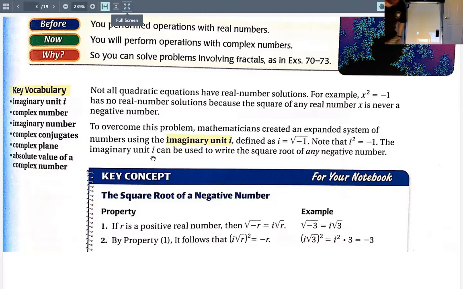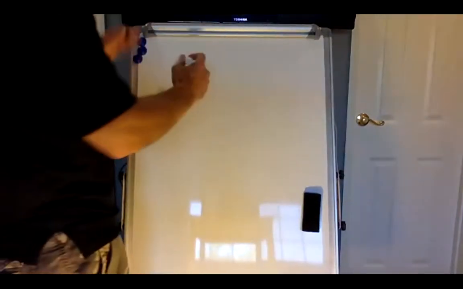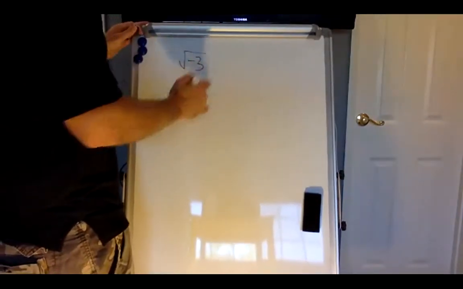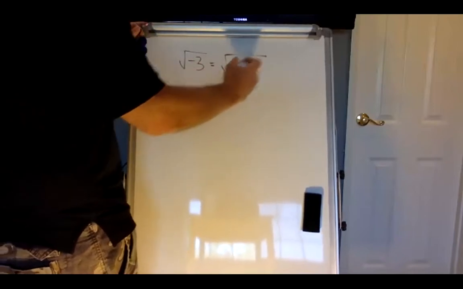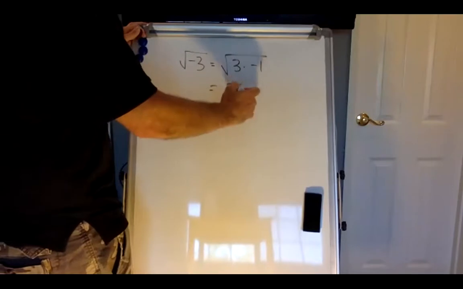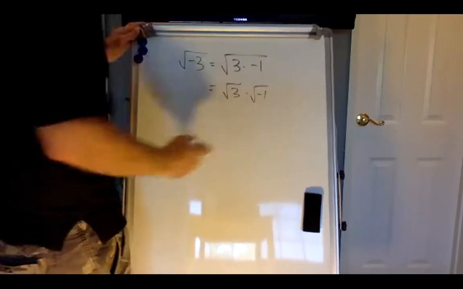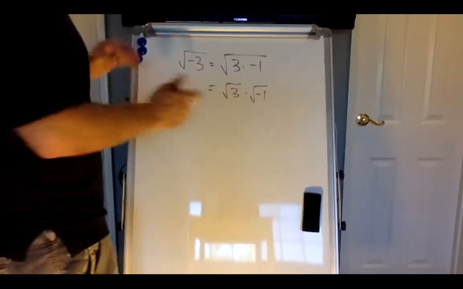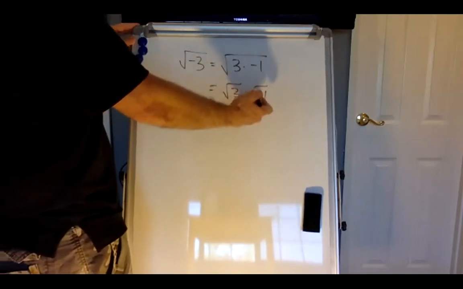So take a look at the example. When you get a negative inside of a square root, all you're going to do is split that. If you have the square root of -3, you're going to split that into the square root of 3 times the square root of -1, which we define as i.